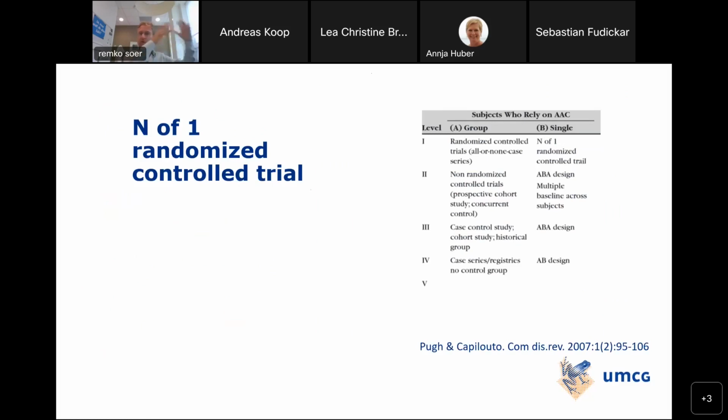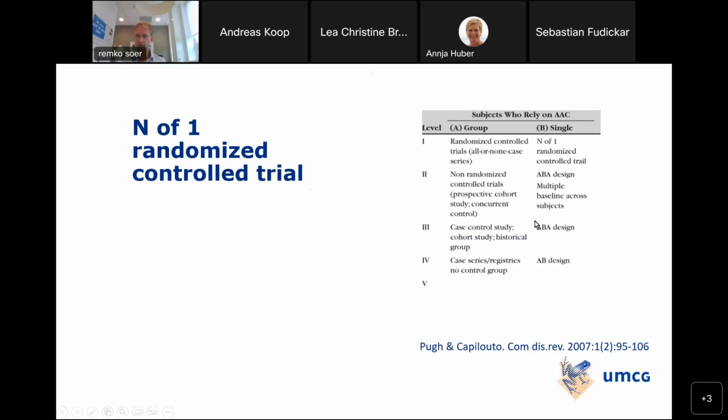Do you focus on a big group, but not on the individual patient? Then for healthcare insurers, this is very valuable. But for the clinician, if you do an N of 1 randomized controlled trial, I think that this is much more valuable for the individual patient.